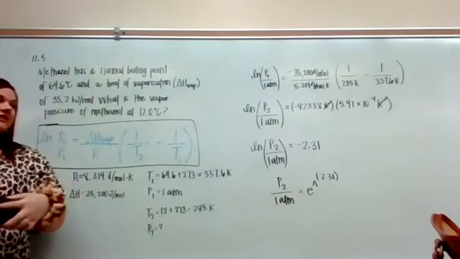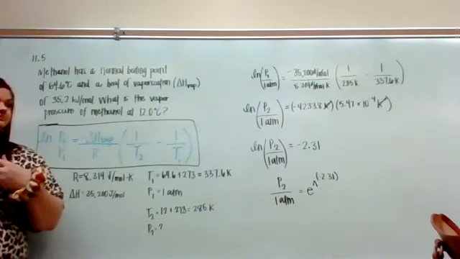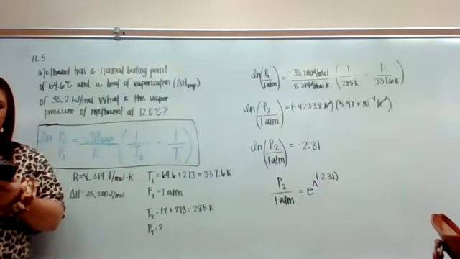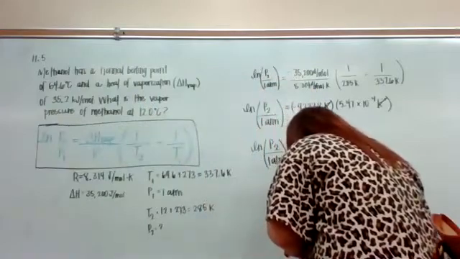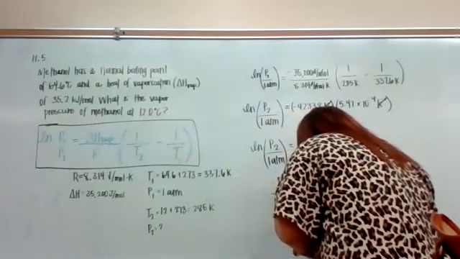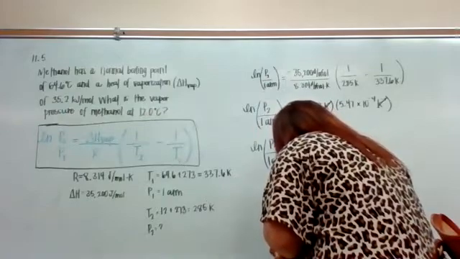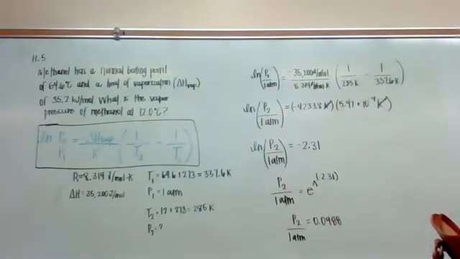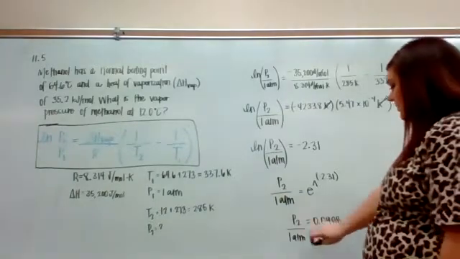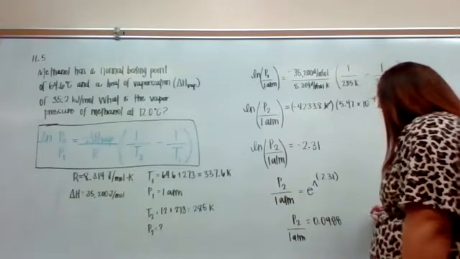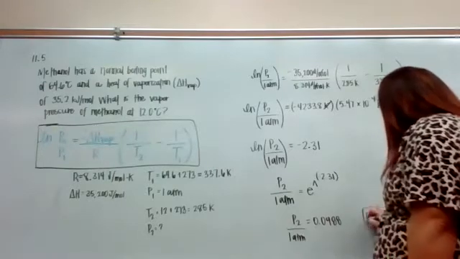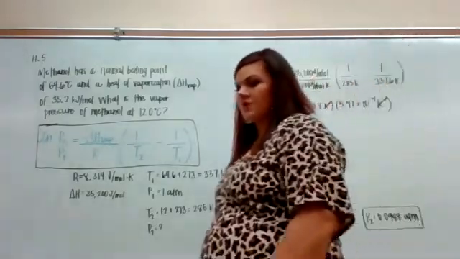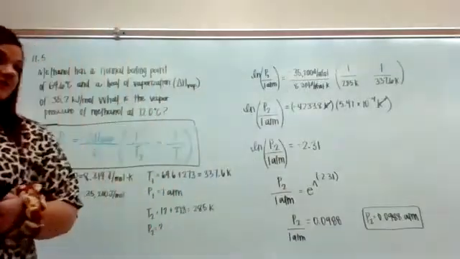Right there, so I just do second ln, it gives me my E. So E raised to the negative 2.13 power, then to get P2 by itself, I just multiply both sides by 1 atmosphere, so that it becomes 0.0988 atmospheres.